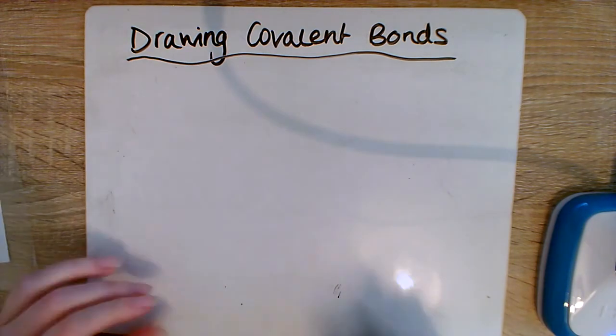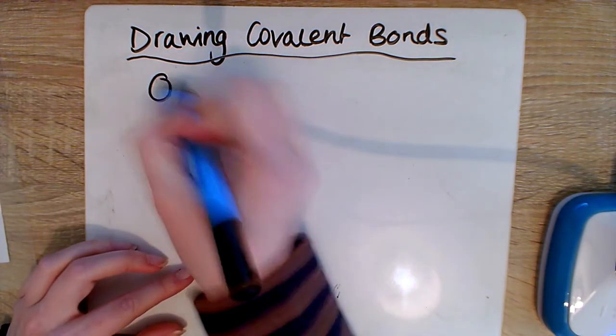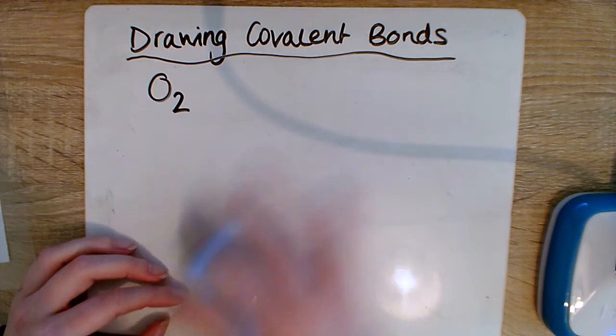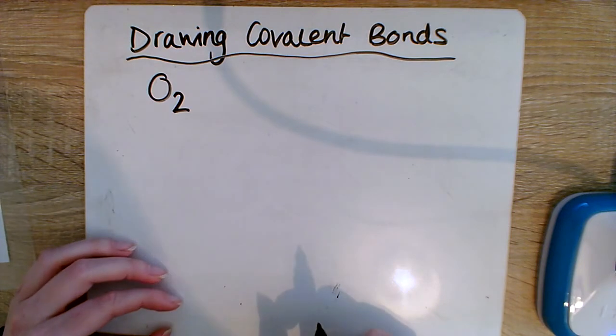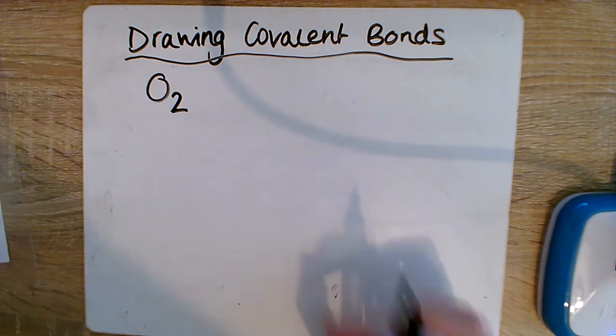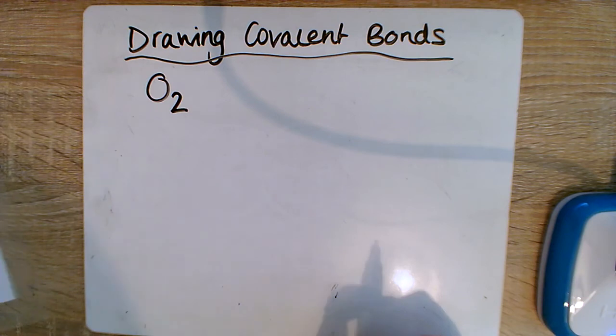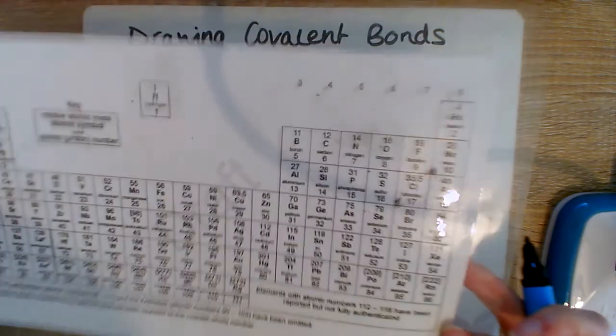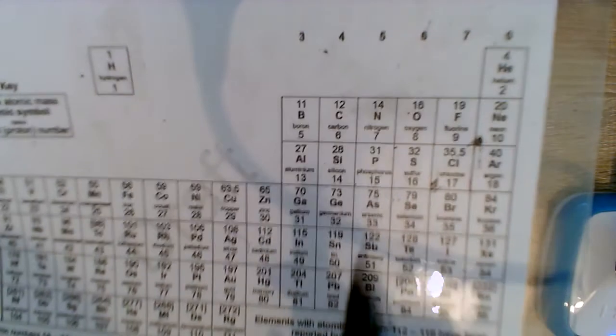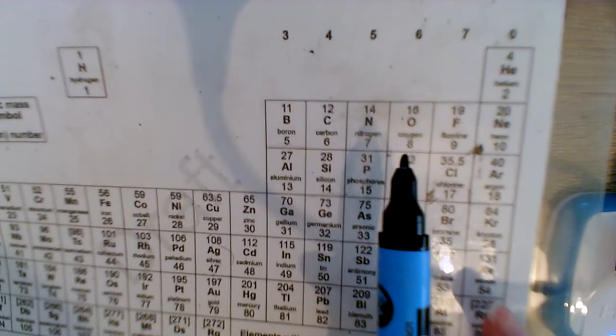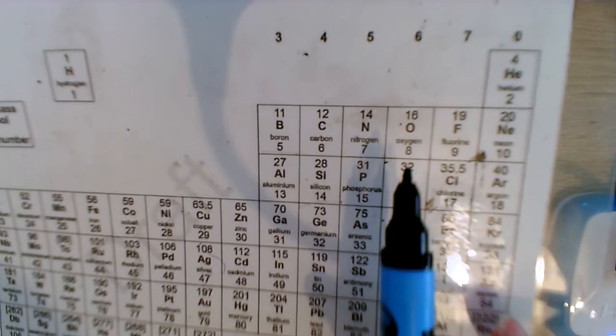So our next example that we're going to look at is oxygen, which is O2. Now before I draw any of the other molecules, we need to look at oxygen on the periodic table. So we find oxygen here on the periodic table. We know oxygen has got 8 electrons overall.